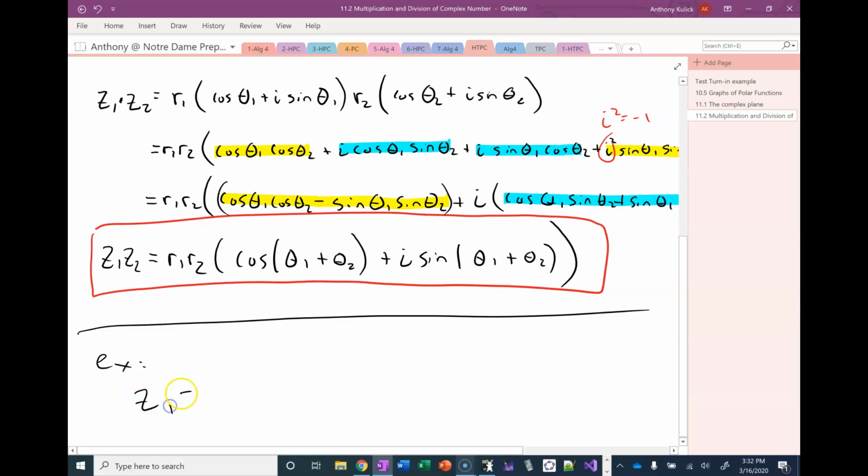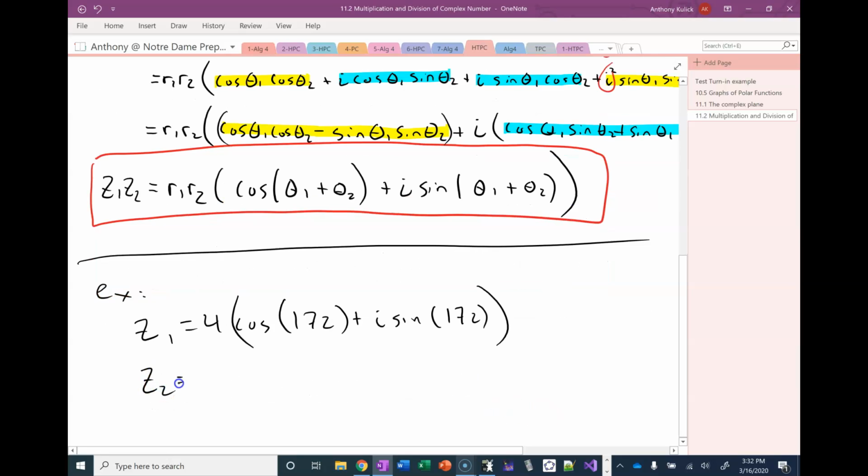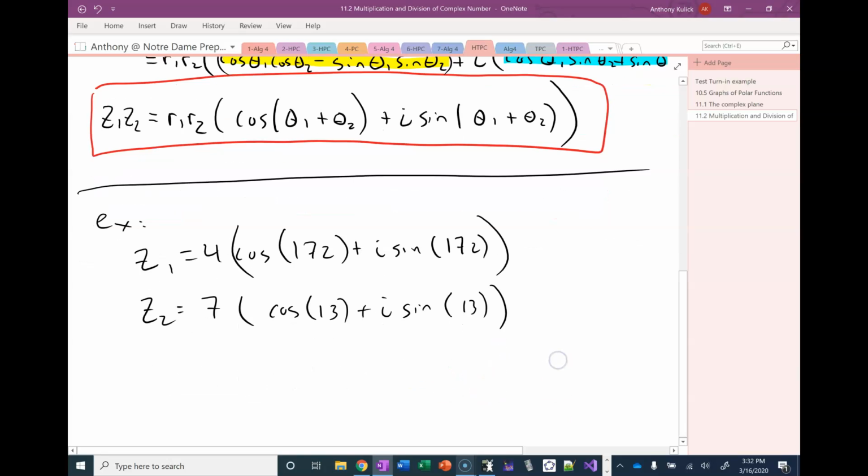So say z1 is 4 times cosine of 172 plus i sine 172, and let's say z2 is 7 cosine of 13 plus i sine 13.